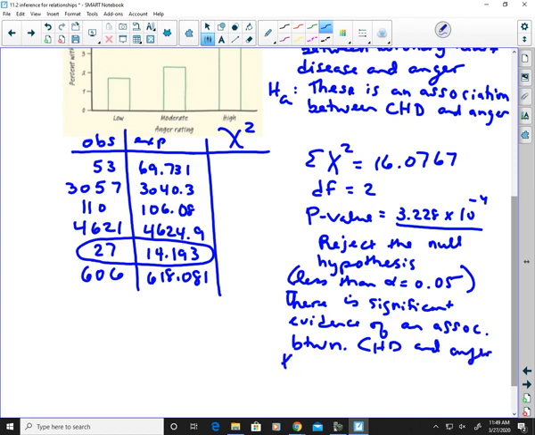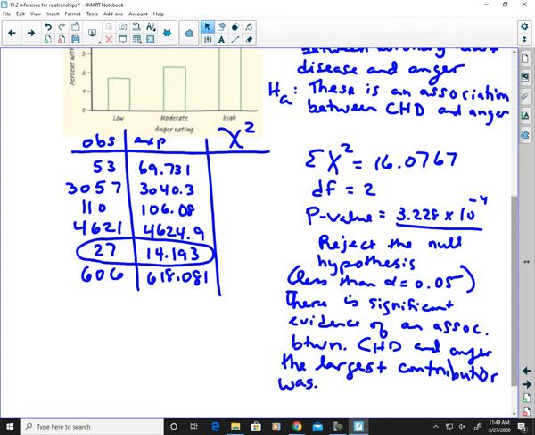The largest contributor, this is important because that will inform me, and then I'm going to have to put it into the calculator to see who was the largest contributor, but I imagine that it's going to be that 27.